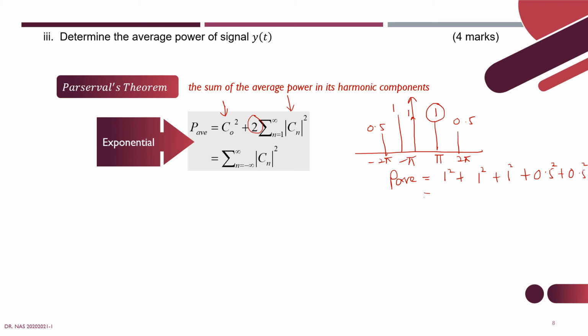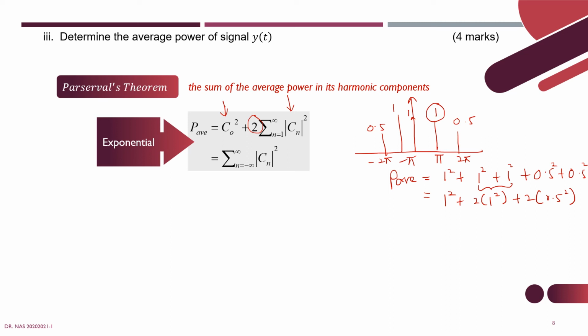This is equivalent to C naught squared plus, when n equals 1, positive pi and negative pi, 2 times 1 squared plus 2 times 0.5 squared. So it's the same thing. This is to simplify the equation.